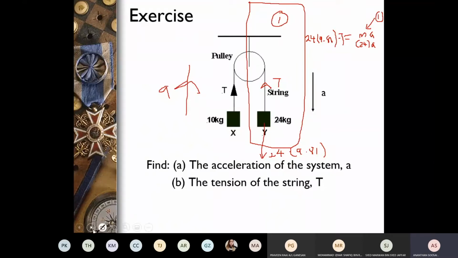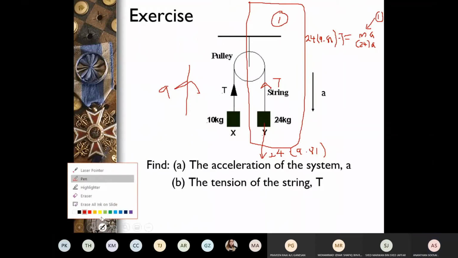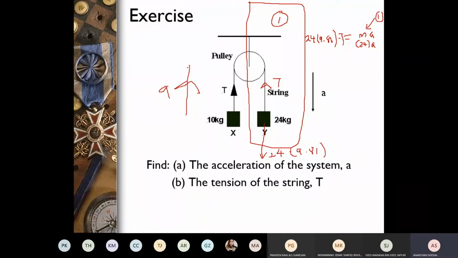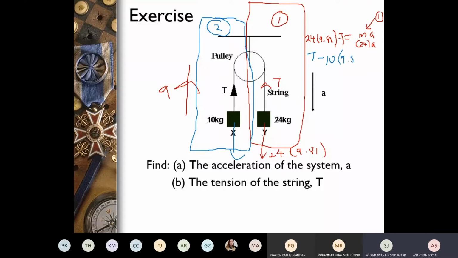Second, can you get the equation by using the second system? Get the equation. T minus 10. Of course the tension is greater now. So T minus 10 times 9.81. No need to put negative, just positive 9.81.